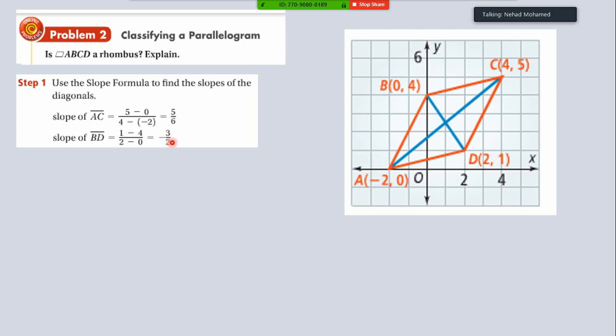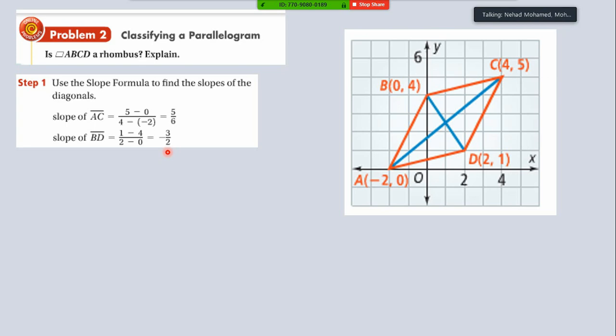The two lines are parallel if the two slopes are equal, right? And the two lines are perpendicular if their product is negative 1.